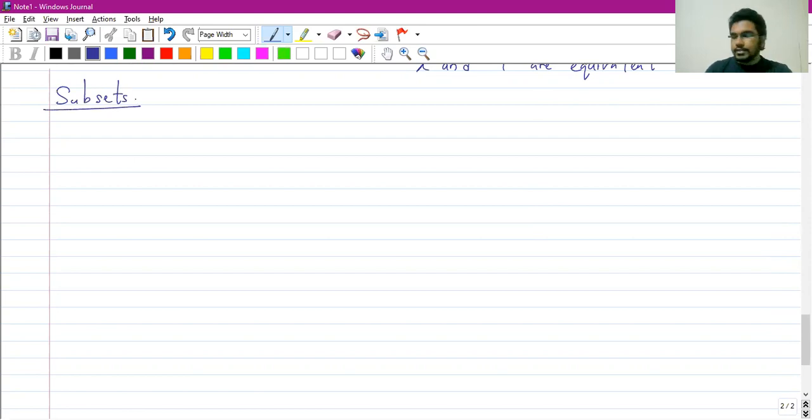Okay, subsets. I will explain it this way. There are two sets like this, A and B. Think there are elements inside this bracket. So this is the thing you have to understand.